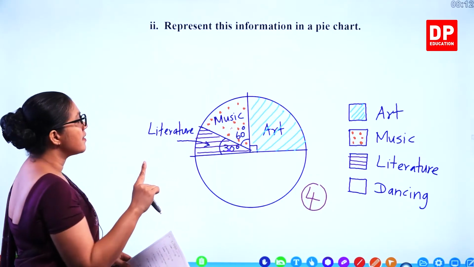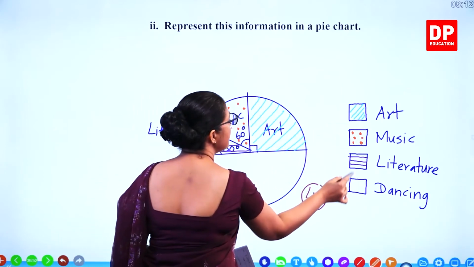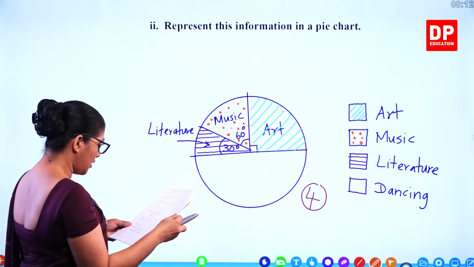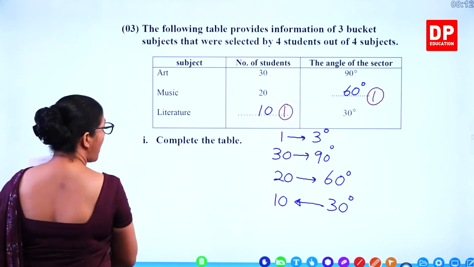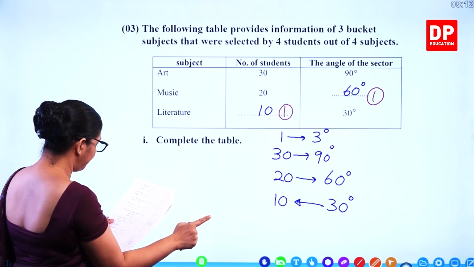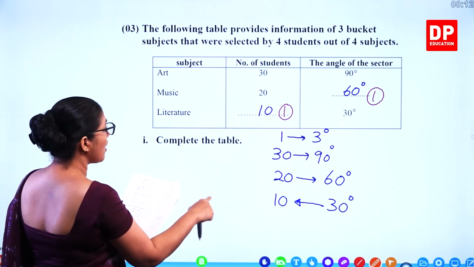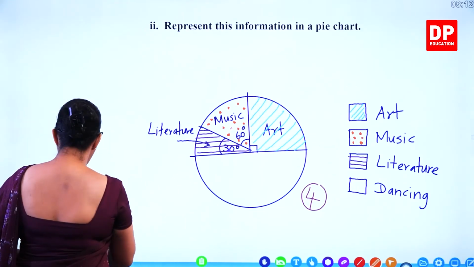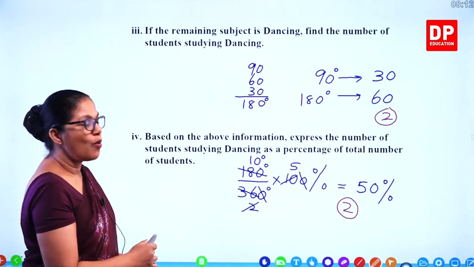So angles correctly, and you have to put the categories to identify which region is for which subject. So 4 marks for that. And the last one, the first part, you are getting 2 marks there. 2, 4, 6, 7, 8, 9, 10. So 10 marks for the whole question.